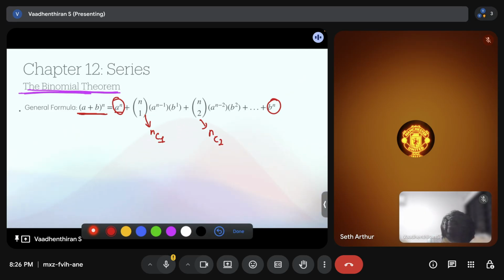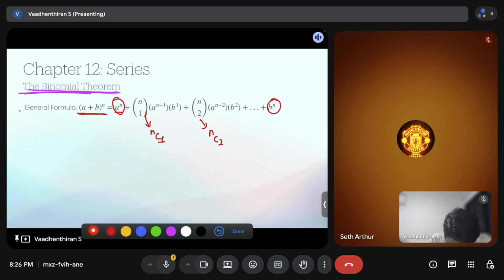The middle terms: you start from n choose 1, then in brackets, for the first variable a you do a to the power n minus 1, and for b, you just copy the 1 on the exponent, so b to the 1, which is basically b.